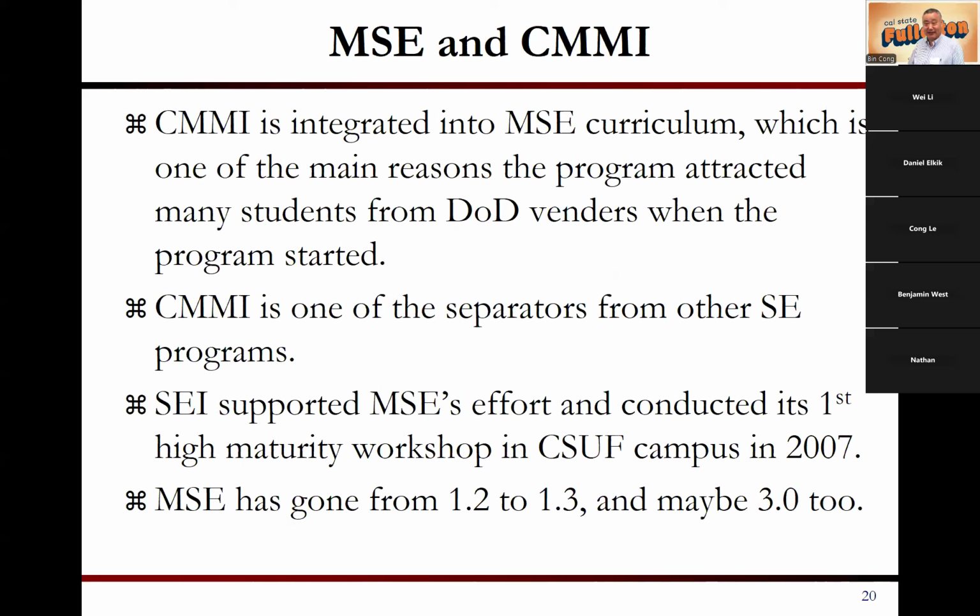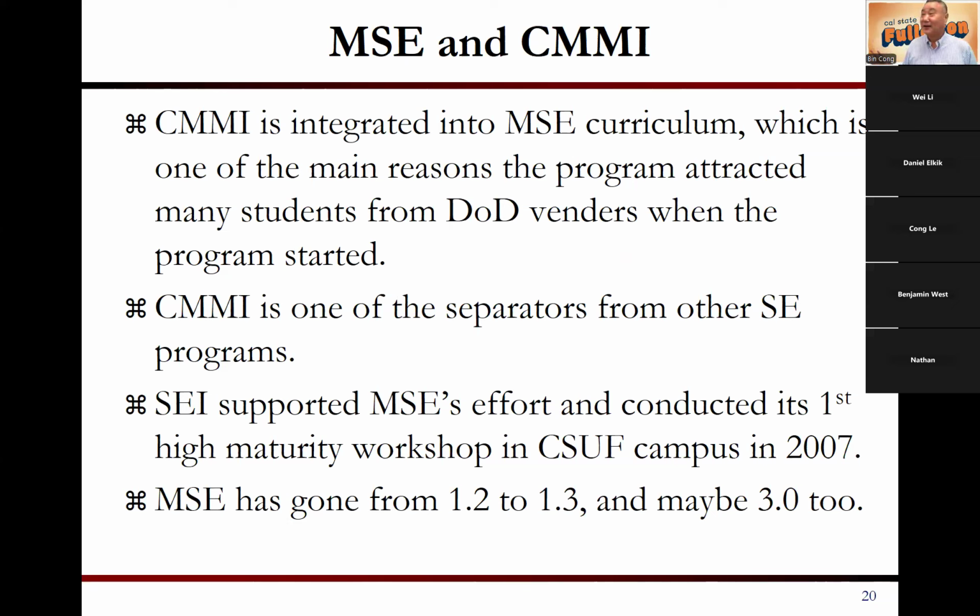In MSE, we actually have a long history with CMMI. When we started MSE, one thing we did was integrate CMMI. We actually worked with SEI. They gave us the right to integrate it into different courses. And at the time, you probably know, DoD was very high on CMMI, right? So that's why initially we had a lot of students from Raytheon, Boeing, Lockheed, and so on. Our first cohort, we had 47.